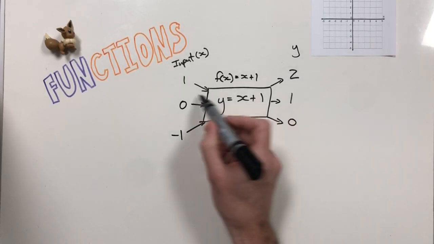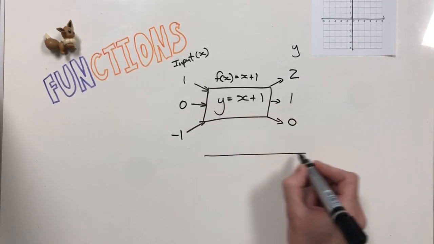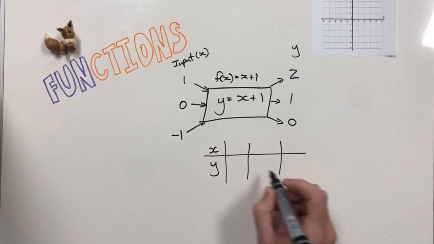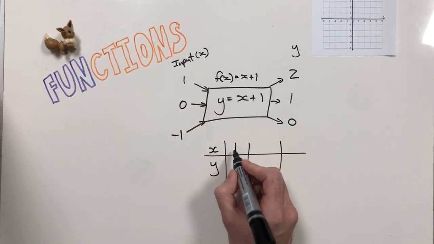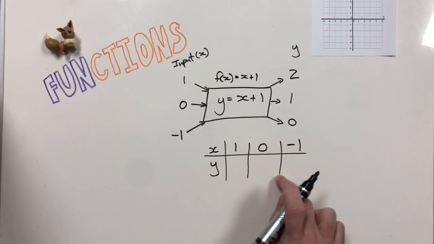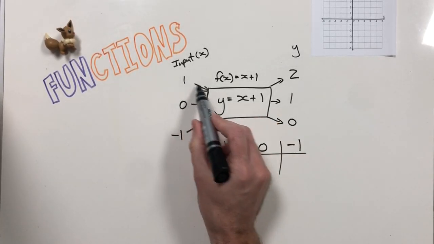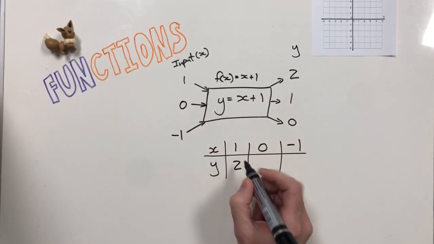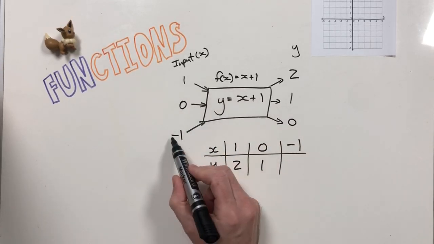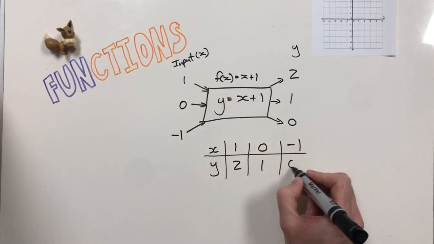So what we can do here is also write this in table form, where we have x and y. In this case, our x values were 1, 0, and negative 1. And my y values: if x was 1, my y value was 2. If x was 0, then my y value was 1. And if x was negative 1, my y value would be 0.